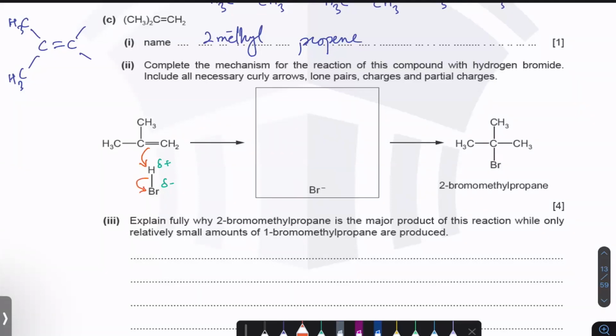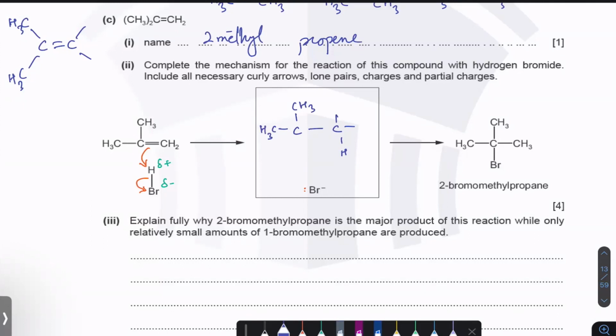I have the lone pair here and I also have this thing here. Now it's important to specify in this particular case where the hydrogen went, because the product is shown to you. In this product you can see the hydrogen is on the first carbon from the right. So we have to put the hydrogen there. Okay? If you do it elsewhere, you will lose marks.